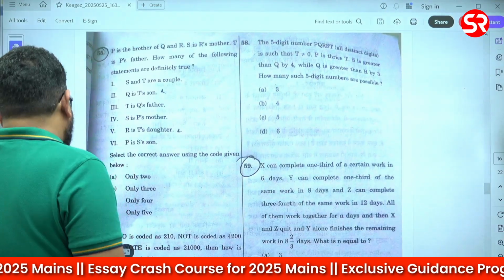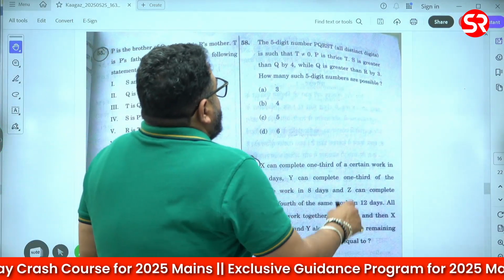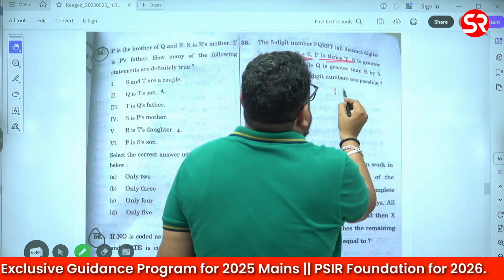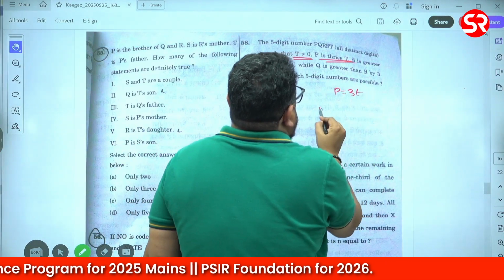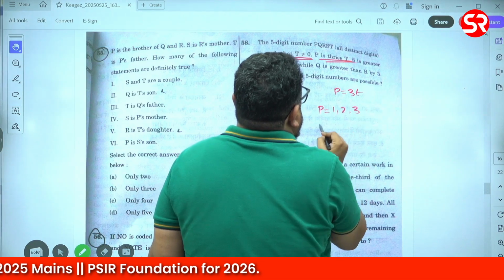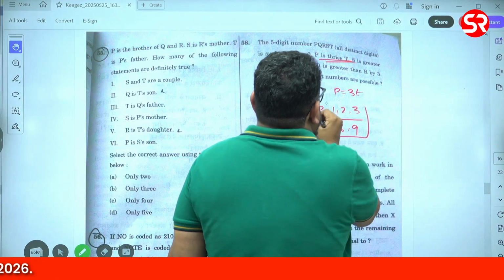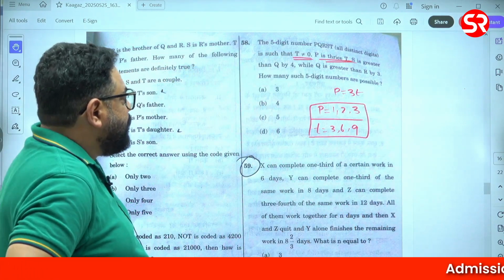A 5-digit number p, q, r, s, t, where t is not equal to 0, p is thrice of t. देखो यार, p is equal to 3t, so t can take value 1, 2 and 3, and then in that case p and t का limitation हो गया, isn't it?